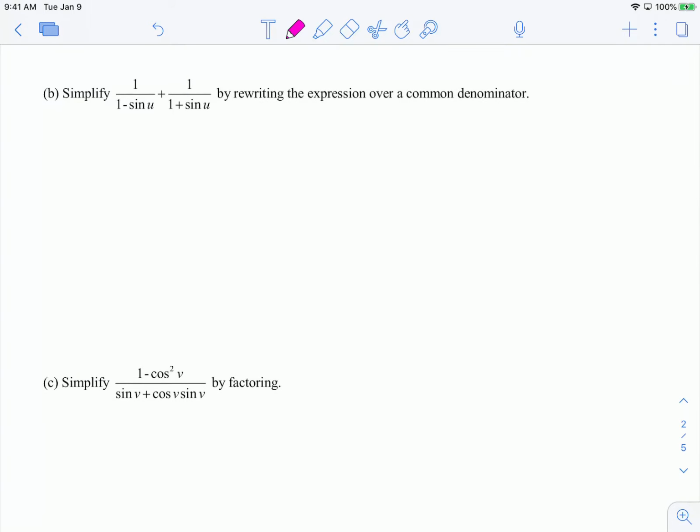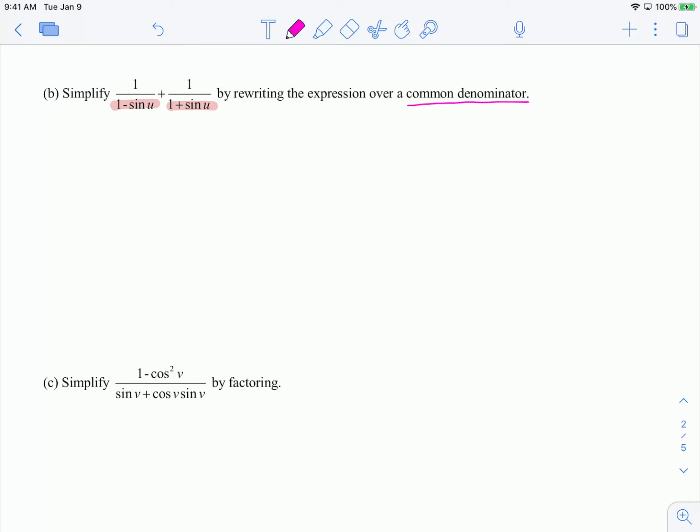Now we're just building some techniques, or refreshing our memory of how we deal with certain things. If I'm adding two fractions together, I need to find a common denominator. Well, these denominators don't share anything because they're terms.